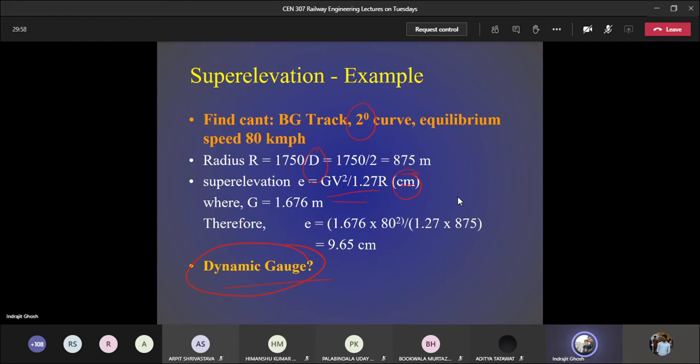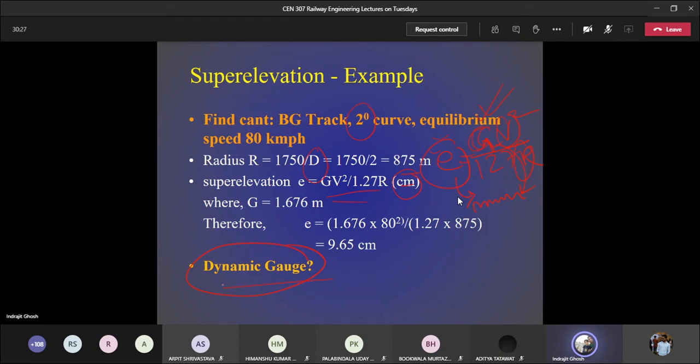So if you look at the equation of super elevation, when this is in millimeter, this is also in millimeter. If you look at this equation, you'll be able to see that gauge is lying here on the top. So gauge is basically dictating what is going to be the super elevation along with speed and R. Okay.